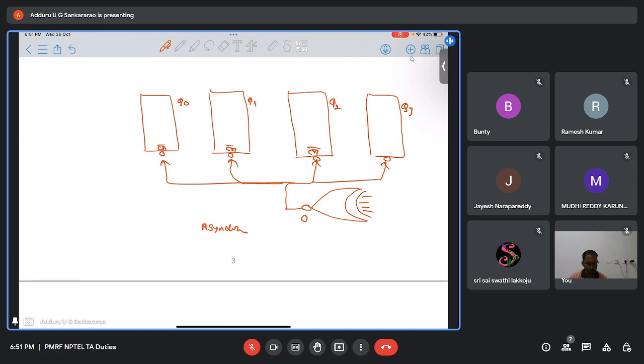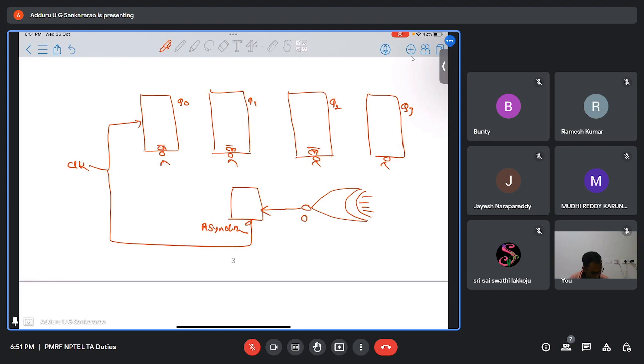Okay. Now instead of directly giving the output from the XNOR gate, let us say we keep some combination circuit. One input to the combination circuit is this output, and another input is the clock. The clock is connected here, and also the clock is connected here.